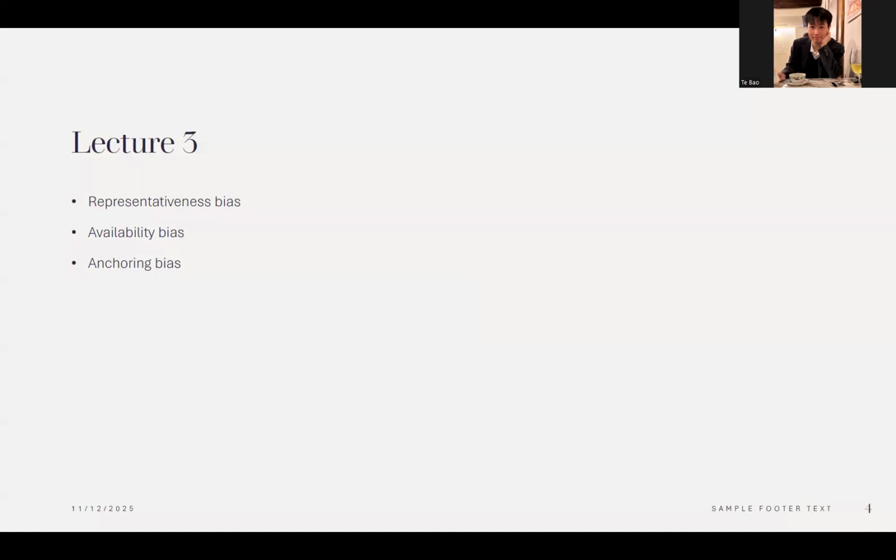But we should clearly know that the probability of A and B happening jointly is smaller than the probability of A or the probability of B. This is a simple mathematical truth.